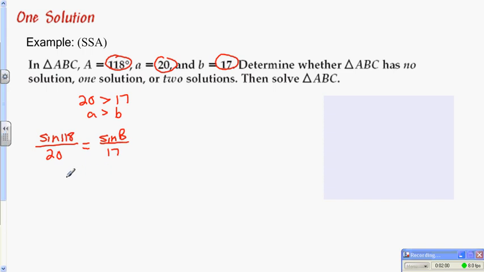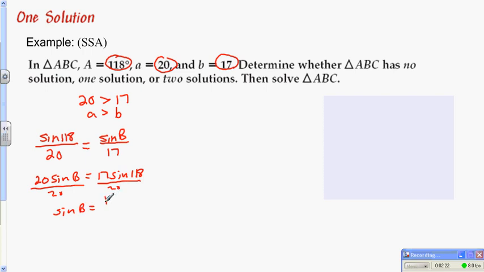When we solve this, we will have 20 sine B equals 17 sine of 118. Divide by 20, sine has to stick with B.